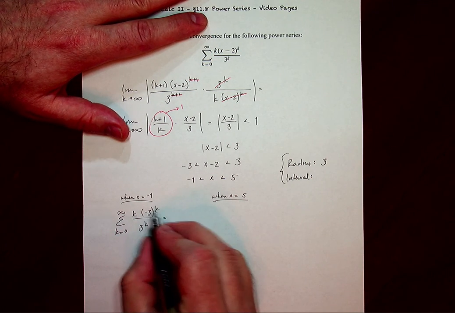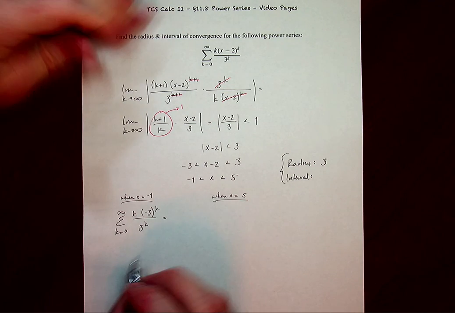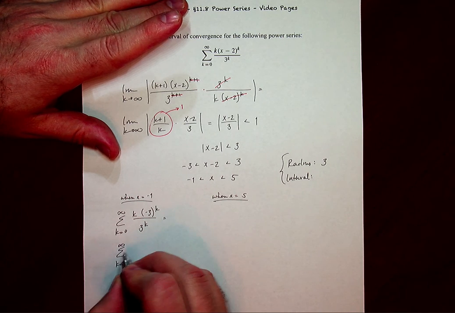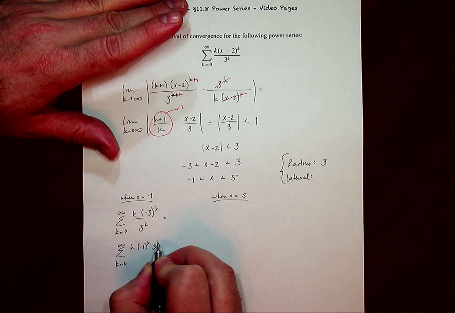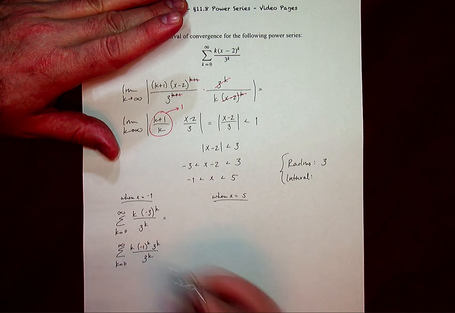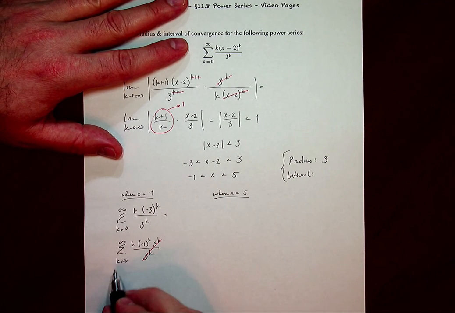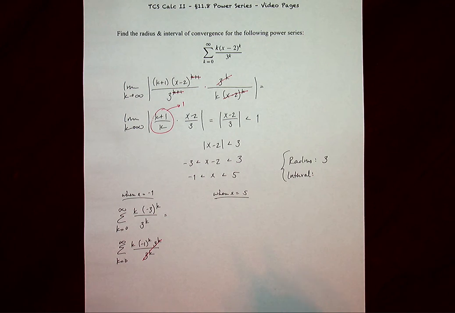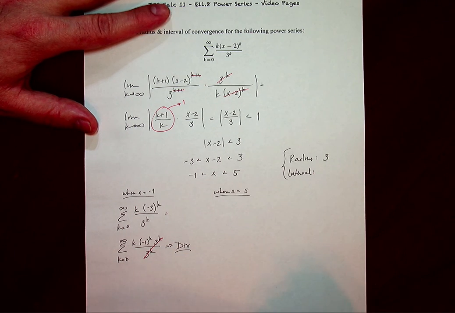Well, you can actually pull the negative 3 to the k apart into negative 1 to the k and 3 to the k, and this can be rewritten as k, negative 1 to the k, 3 to the k over 3 to the k. Those, of course, cancel out, and basically k gets bigger and bigger and just flips back and forth between positive and negative. This, ladies and gentlemen, is definitely going to diverge.